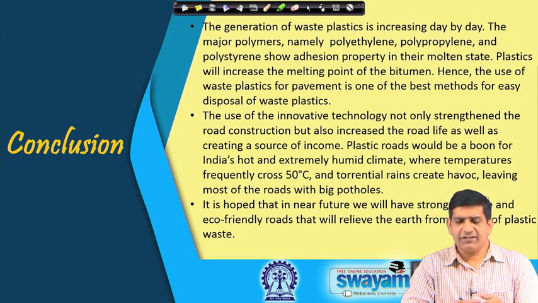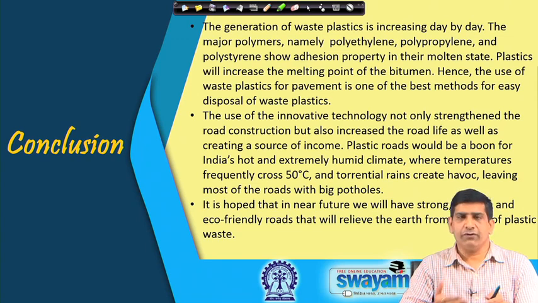When we look at plastics, there are different types of polymers: polythene, polypropylene, polystyrene, and they have good adhesion property in the molten state. When you use waste plastic for roads, it helps in increasing the melting point. Hence the use of waste plastic is one of the best methods for easy disposal.